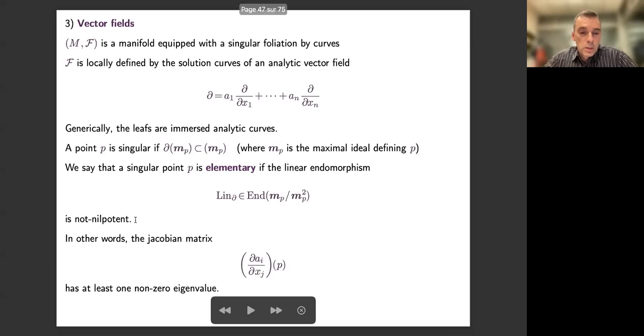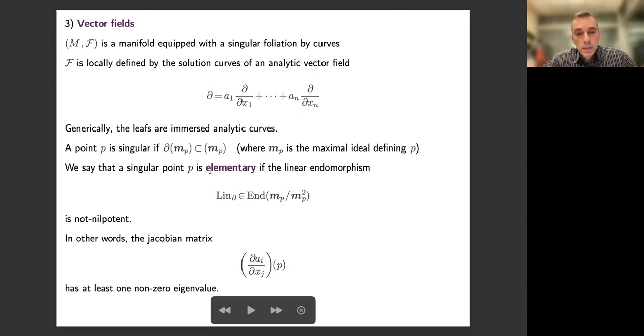In down-to-earth terms, this simply means that the Jacobian matrix of the coefficients with respect to the coordinates should be a matrix with at least one non-zero eigenvalue when computed at P.